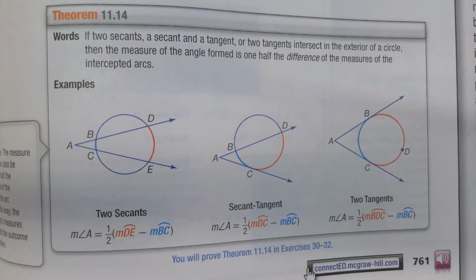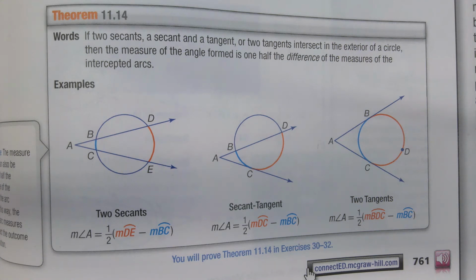Now, when I tell you to write down the pictures and write down the formulas, there's a reason. Hopefully when you get the homework and the test, you can go back through and see the pictures and say, oh, this picture has two secants, this picture has a secant and tangent, this picture has two tangents.